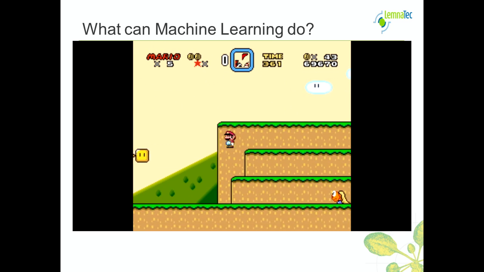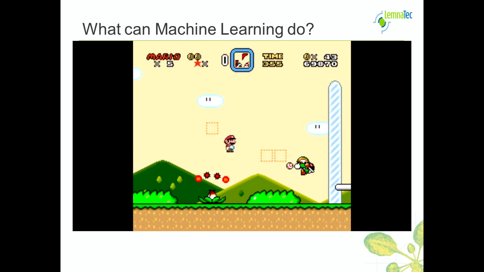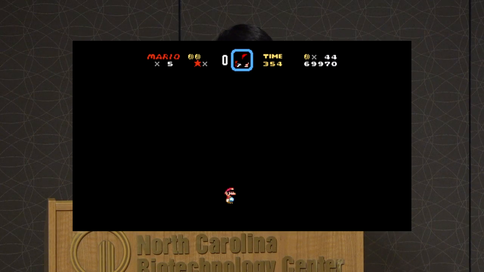The algorithm goes through different generations. In the first generation, Mario just stops and tries to figure out whether to move: should I move, or should I go one step to the right, trying the different options he has. After a few seconds of standing still, it figures out, okay, if I click right, I can move.